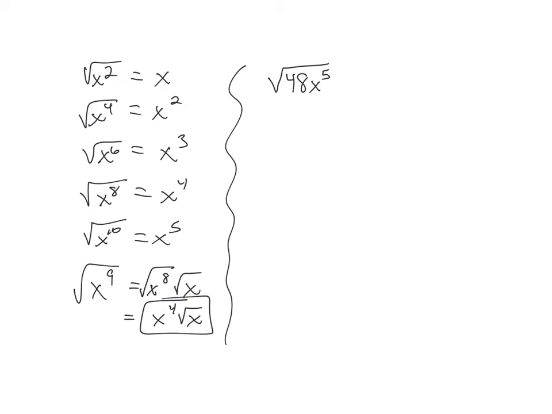okay, what I'm going to do is the 48, and then the x to the 5th power. I'm going to do them separately. I think a lot of people like this break it apart method. I know one of my own kids does.